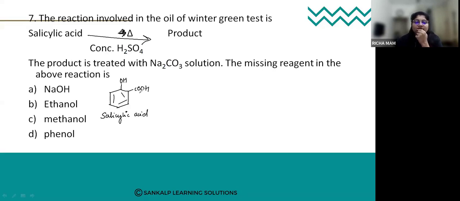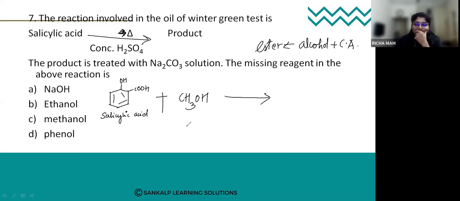When you do esterification, how are esters formed? When an alcohol and a carboxylic acid react, they give you an ester. So which alcohol is to be taken? If I take methanol, that is CH3OH.